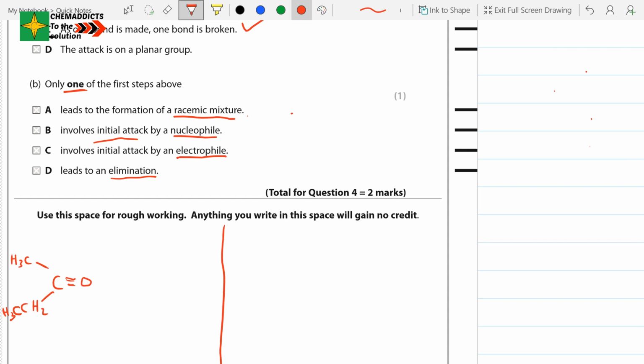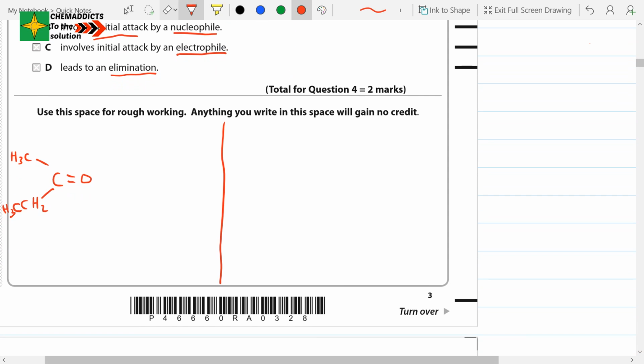Let me draw this much more clearly. All right, so here we can see that this is a ketone molecule.